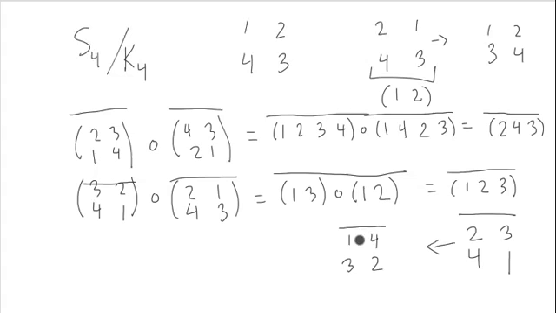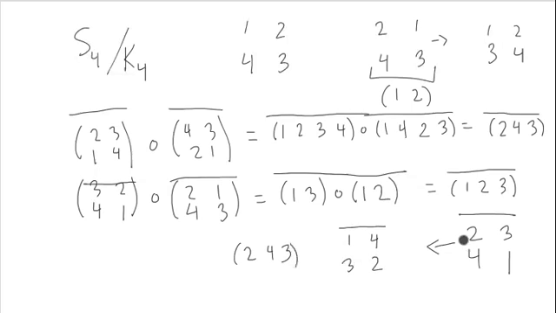Well, I know here that 2 will go to 4. And then 4 ends up going to 3. And then 3 ends up going back to 2, wrapping around, and 1 is fixed.